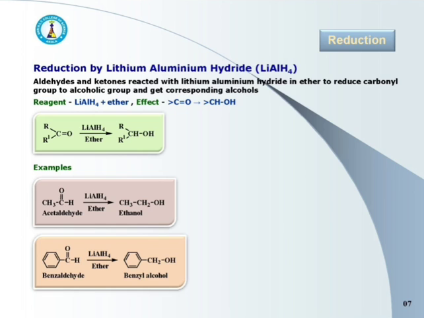This is conversion of C=O into CHOH group, that is carbonyl to alcoholic group.